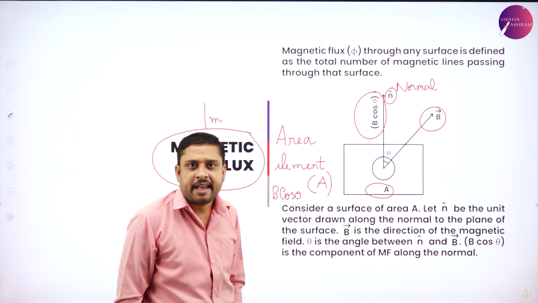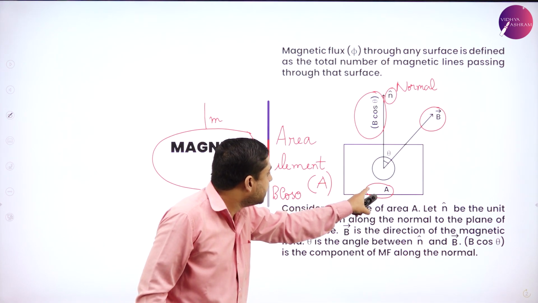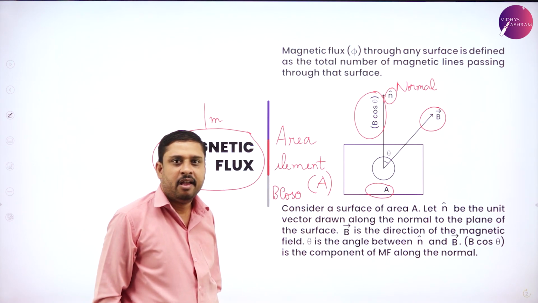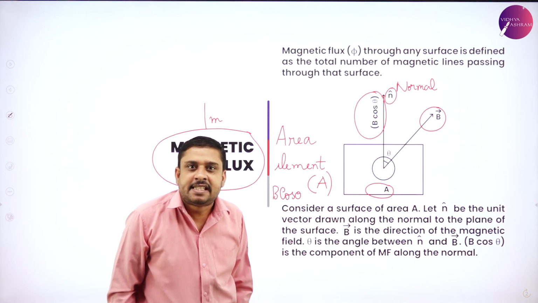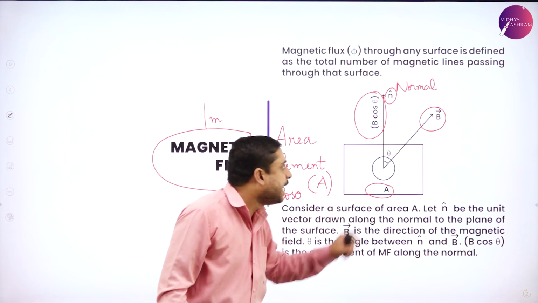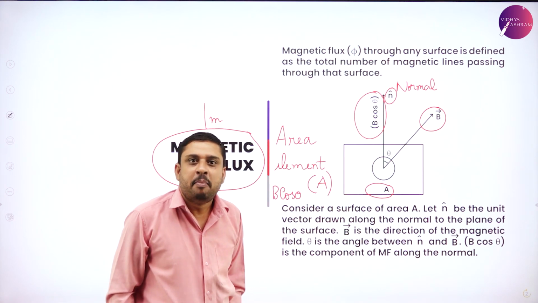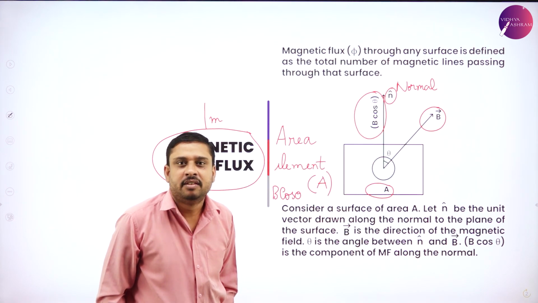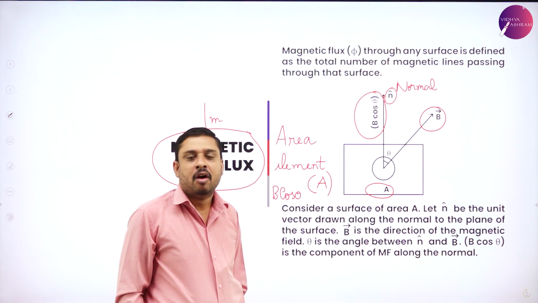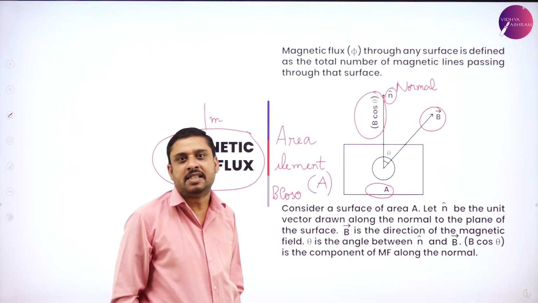So these are my initial considerations. A surface element of area A. B, magnetic field acting radially or tangentially to the given surface.